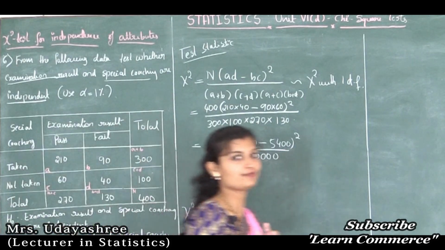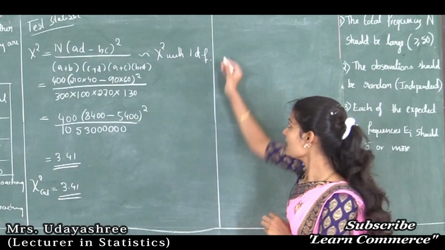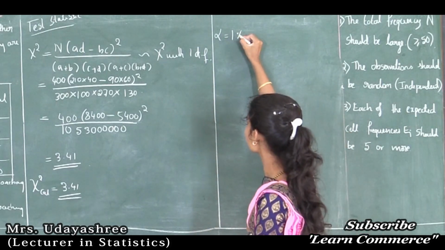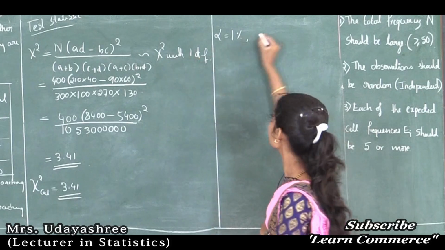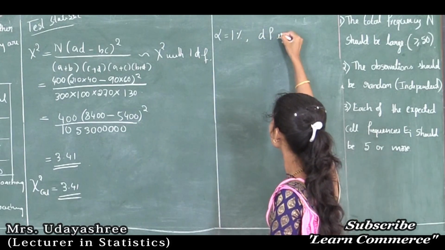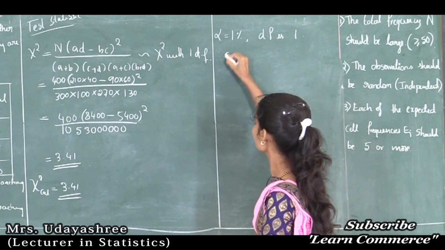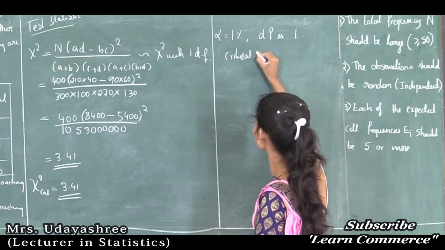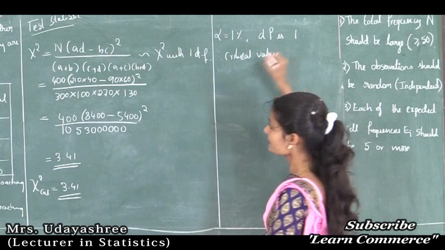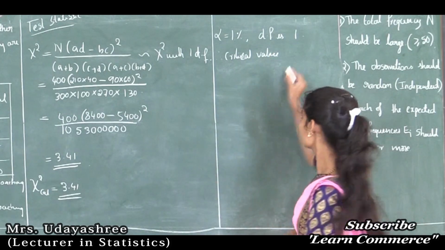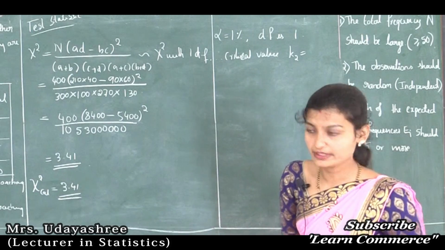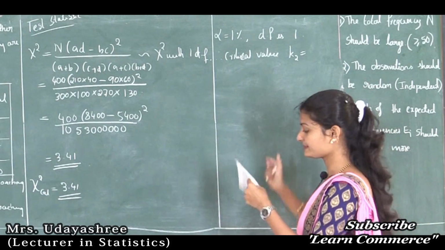Next, move to step 4. Here the given level of significance is 1% and the degrees of freedom is 1. Therefore the critical value: this is an upper tail test, so we need to find the critical value K2 in the table.